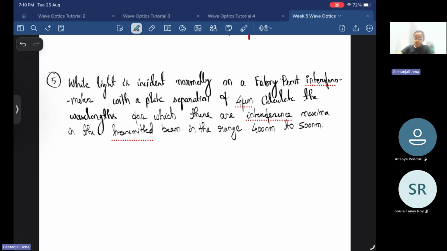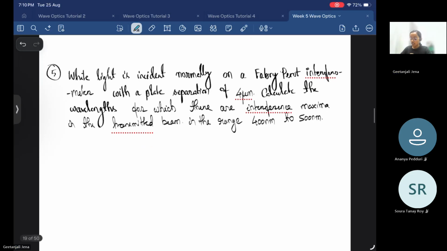Question number 5. Let me know if you have any doubt in between so that I can clarify at that point. In question number 5, it's given a white light is incident normally on a Fabry-Perot interferometer with a plate separation of 4 micrometer.